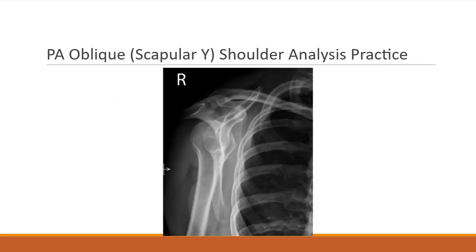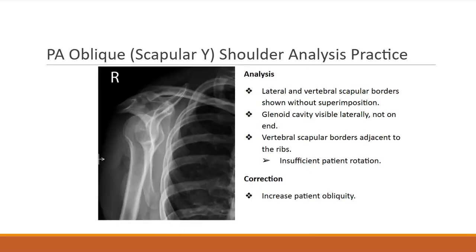Go ahead and review this practice analysis and answer the following question. In this first practice analysis, we want to identify if we have our anatomic structures and are we positioned appropriately. In this case, we have the anatomic structures. However, the lateral and medial vertebral borders, sorry, scapular borders, are not superimposed.